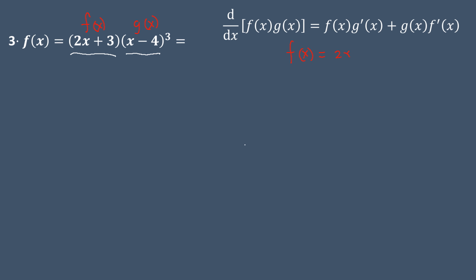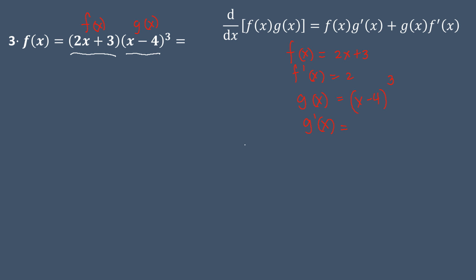So we have the 2x plus 3 as our first function and its derivative is 2. To get the derivative of the second function, remember that our second function is x minus 4 to the power of 3. And this time, to get its derivative, we will apply the chain rule.